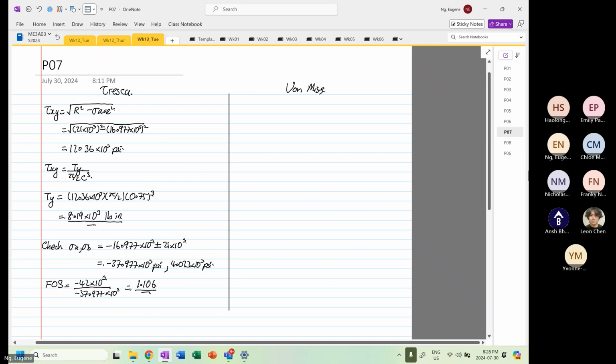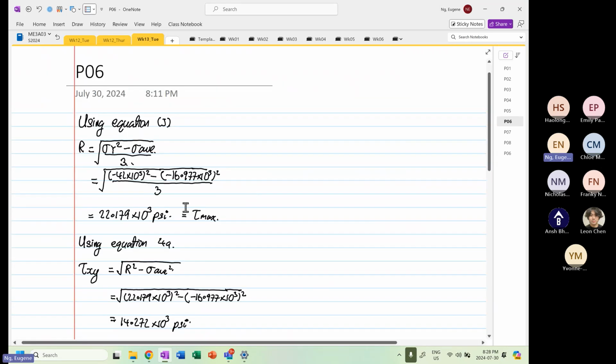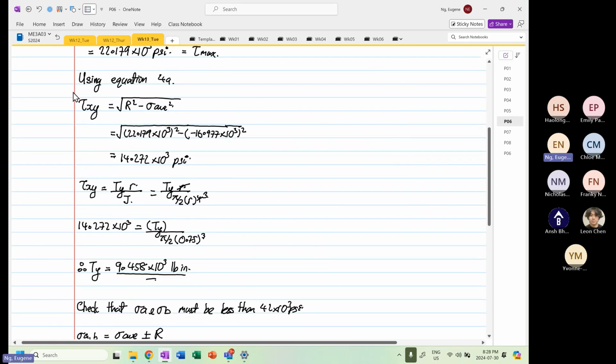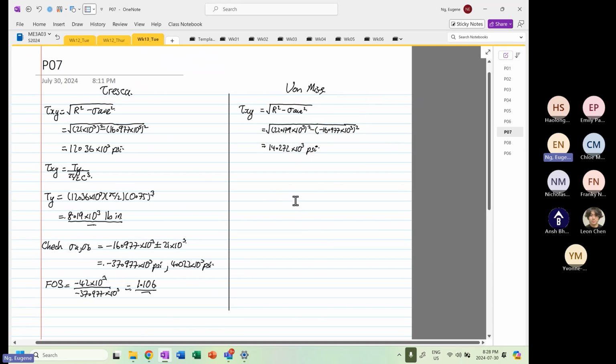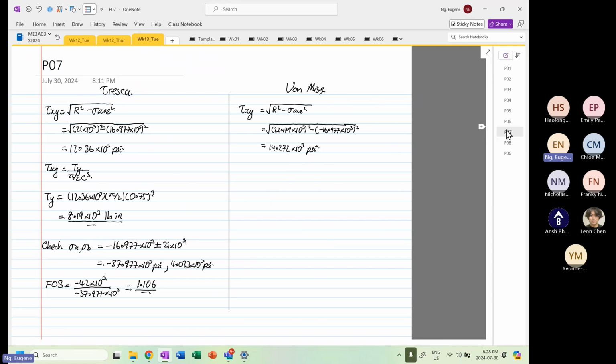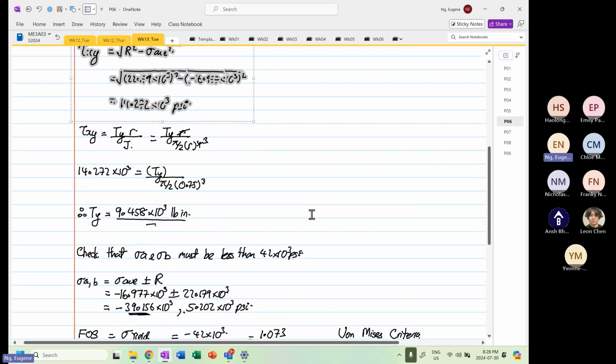Okay. So the shear xy, which we calculated earlier, we realize that for von Mises the shear xy value is much higher, right? It's equal to 14.272 rather than 12.36.